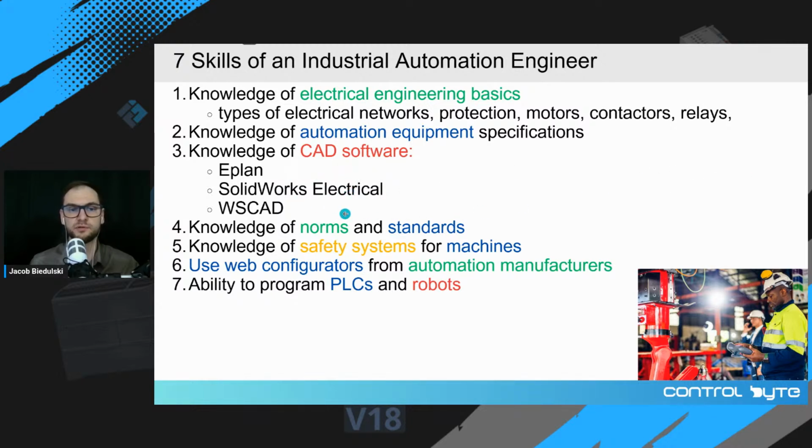You have to gain knowledge about the standards for industrial machines and industrial control systems, get the basics of safety systems for machines, and know how to use web configurators from automation manufacturers, catalogs, manuals, and so on.